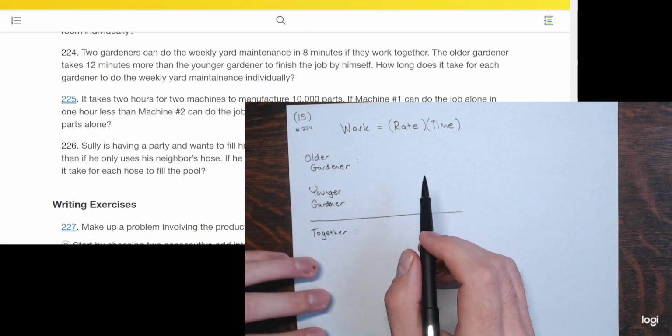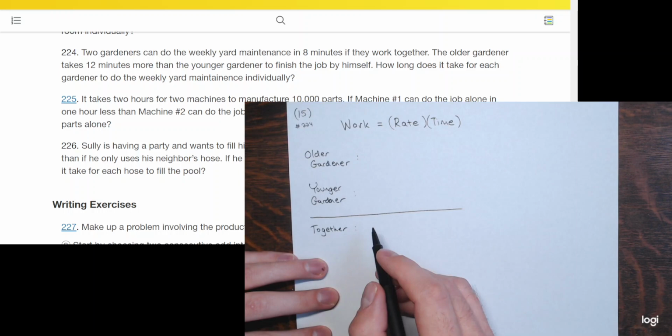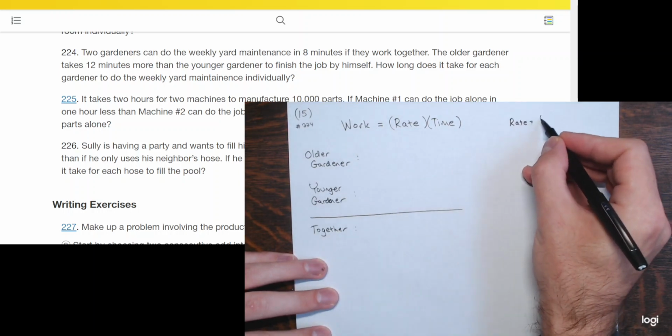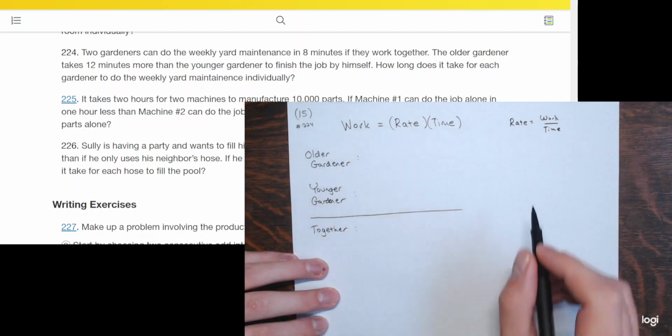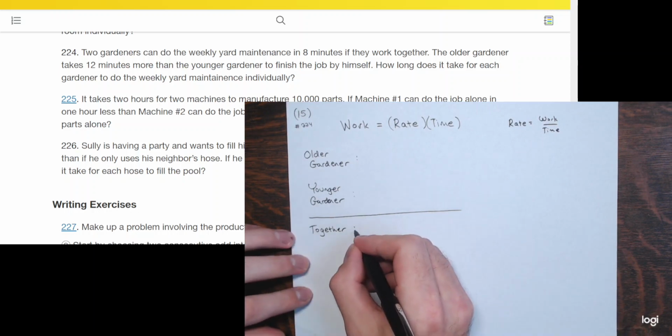If work is rate times time, the rate at which you work is the work done divided by the time.